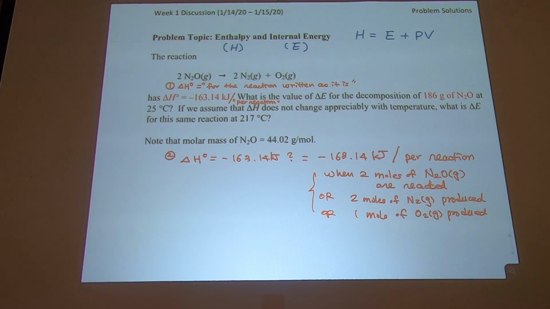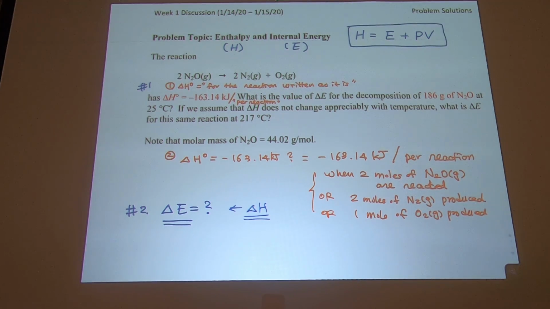So that's number one. Number two is delta E. They want to know what delta E is, but delta H was given, and these two quantities are related. As you see here, this is how you can start. A change in delta H is the same as the change in delta E plus the change in delta PV.